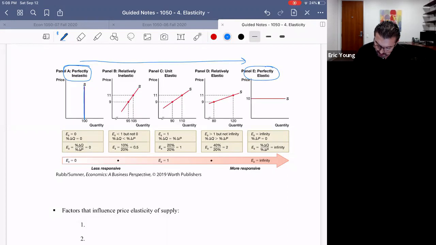And if you notice here, our supply curve has gone from vertical to horizontal, from steep to perfectly flat. And when we have this flat supply curve, we can see that the quantity supplied is completely and totally responsive to price changes, where even a minuscule change away from, in this case, $10 eliminates all QS. So much like price elasticity of demand, we're going to have the continuum: less elastic, more inelastic, more elastic, less inelastic. You're going to be fluent with that jargon and know those terms are interchangeable.